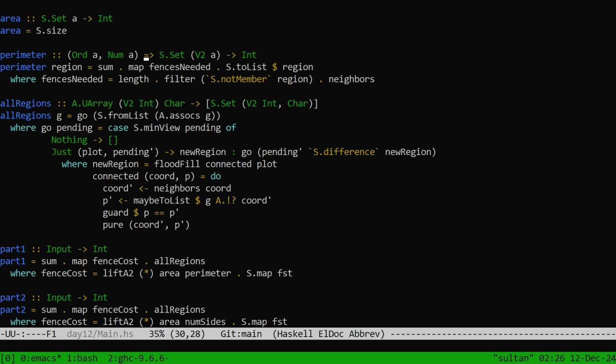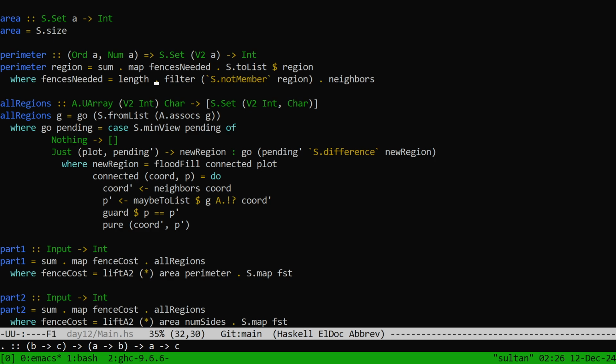How much can I reuse from perimeter? Is that really what perimeter fences needed is doing? It kind of is, right? I have length composed with filter, not member region, composed with neighbors. But if I just threw away the length part, almost.